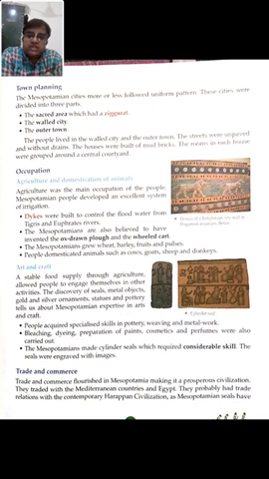So the town planning was as follows: the sacred area, which had a ziggurat, the walled city, and the outer town. The population of the Mesopotamian civilization lived in the walled city and the outer town. The streets were unpaved and without drains. As you all know, in the modern world we have drains, and the streets or roads are paved with different rocks, or they are cemented, the pakka roads.